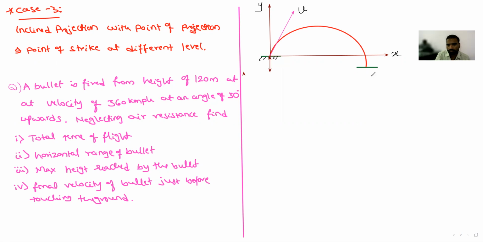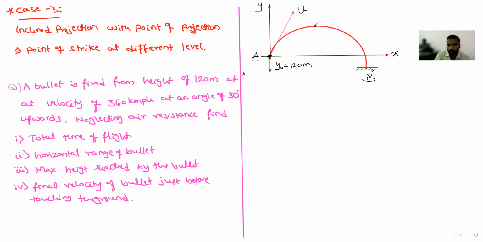This is a ground. Okay, this is a point A. I don't know whether this is a ground or not, but he is from the height. Yes, but this is a ground. This is a point B I'm taking, and this I'm considering is point A, and he has given height y naught is equal to 120 meter.